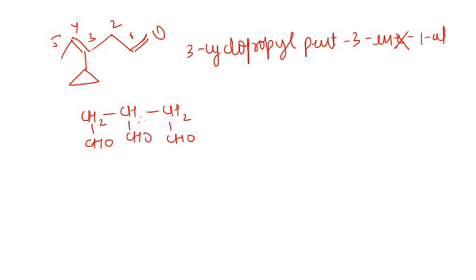Now what will be your naming of that compound? So how we will be naming that compound? In that case, we use a special name. We call it a special naming, or the name we use that carbaldehyde, right? This is the case when we use the special naming.